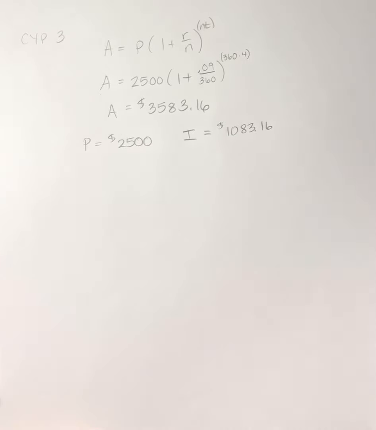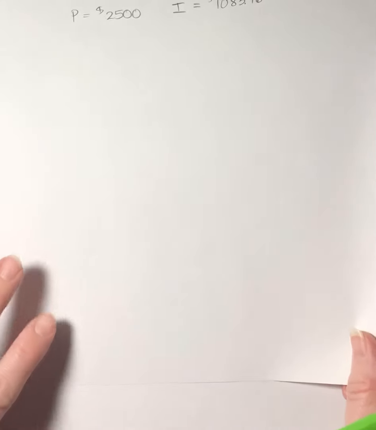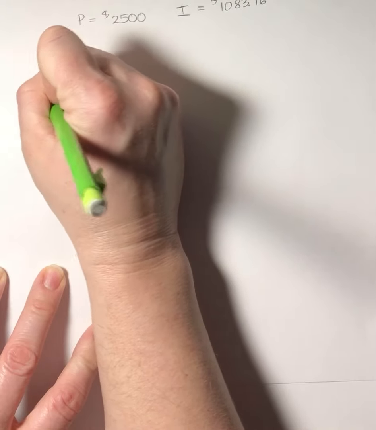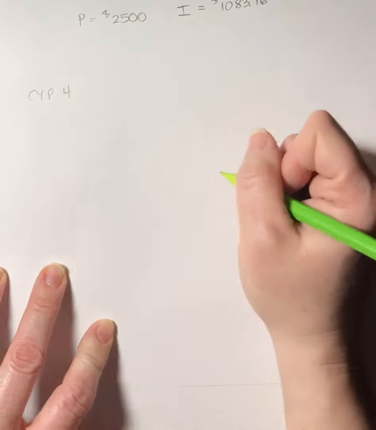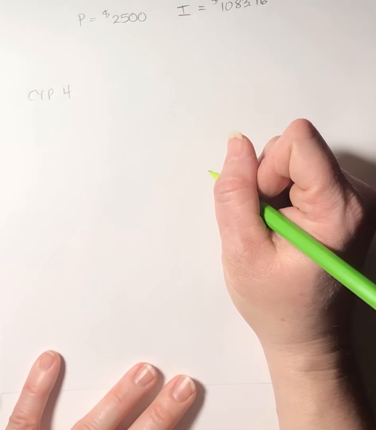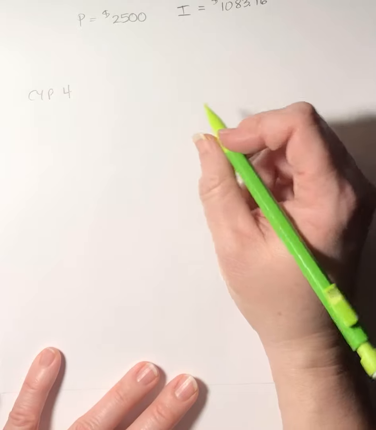All right, and I'm going to jump to check your progress 4. How much interest is earned in 6 years on $8,000 deposited in an account paying 9% interest compounded monthly?